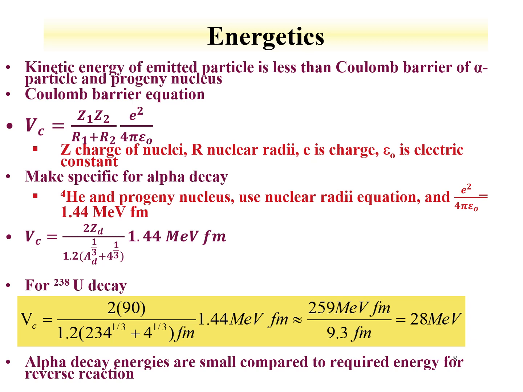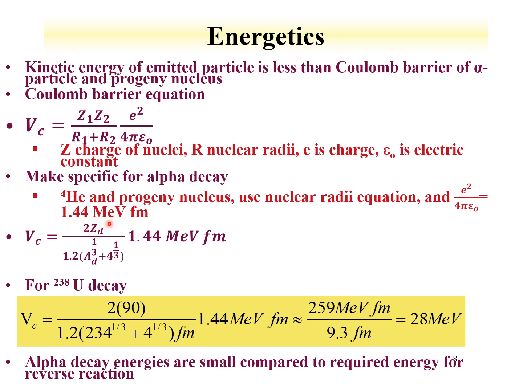And here's our equation that we'll use for the Coulomb barrier. The generalized Coulomb barrier equation includes charges, radii, and a collection of constants. The charges of the approaching nuclei are multiplied together and divided by the sum of the radii, and these are multiplied by the charge, 4 pi, and the electric constant. Applying this specifically to alpha decay, we get 2 for the Z of the alpha particle, and the Z of the progeny.